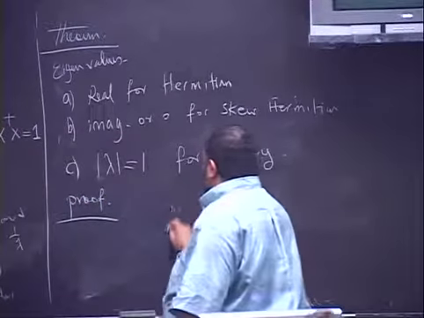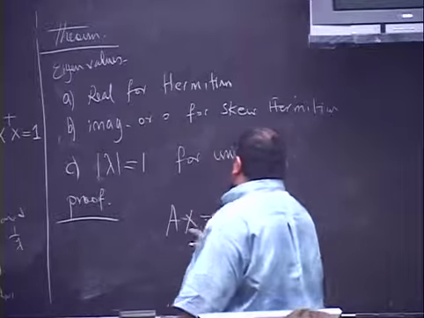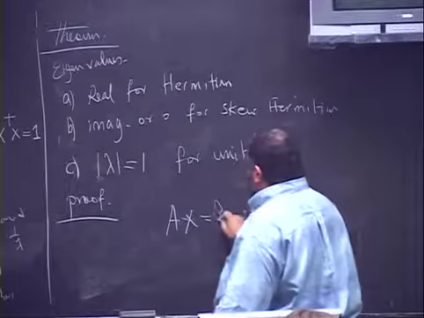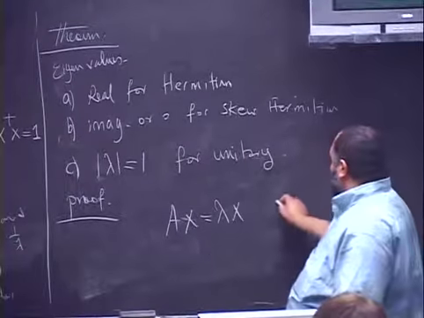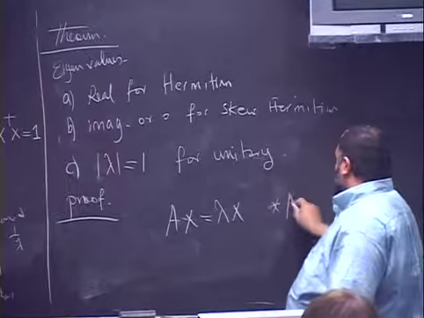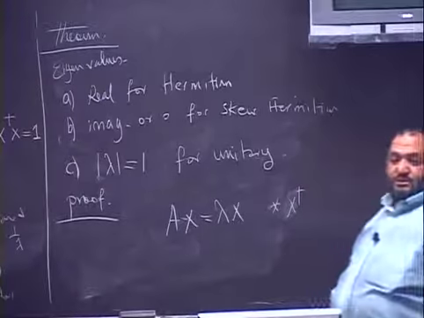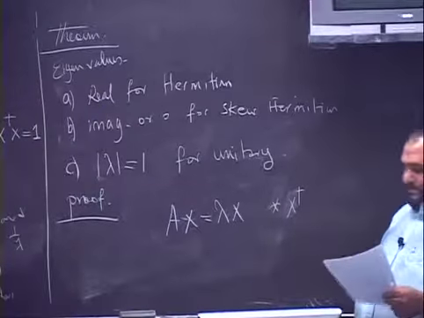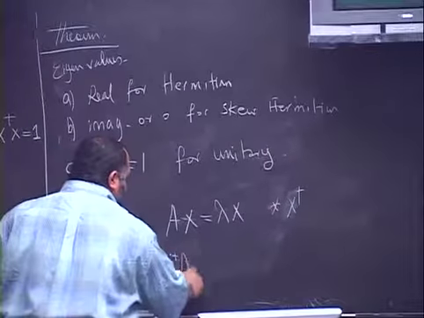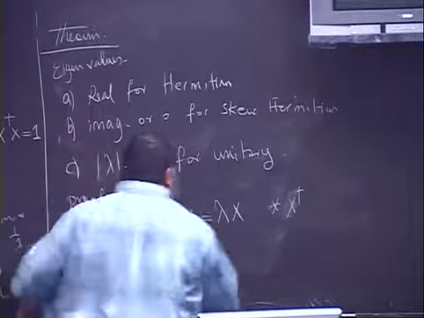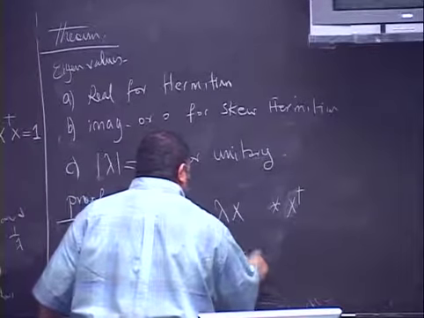So if I have the eigenvalue problem, A operated over x is equal to lambda x. Now, if I multiply both sides by the adjoint, x dagger, both sides, this will give me x dagger A multiplied by x is equal to x dagger lambda x.